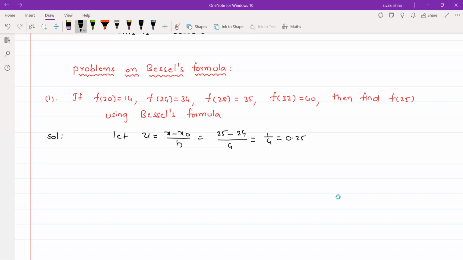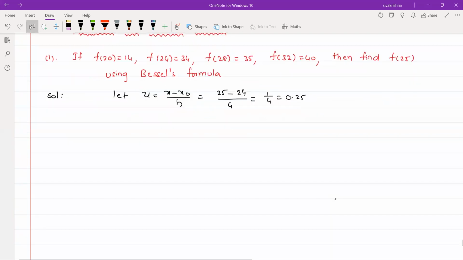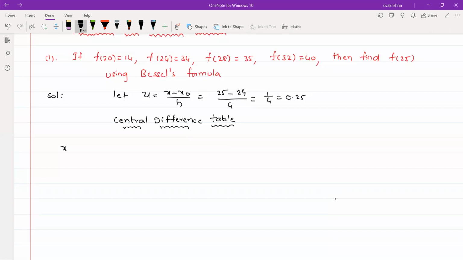After that, we have to construct the central difference table. So once again, we have to construct the central difference table. Okay. So coming to the table, the first column is values of x. So here we have to write the values of x. After that, we have to write the values of y or f of x.